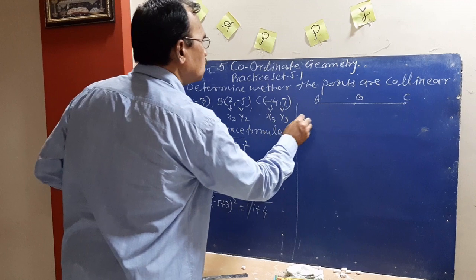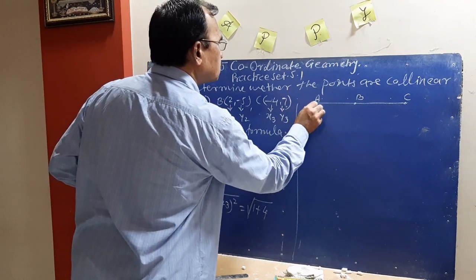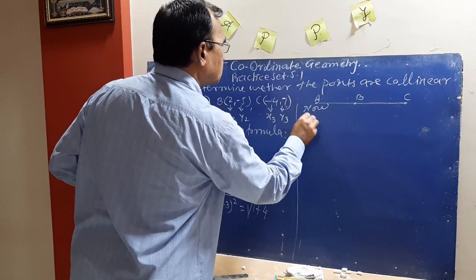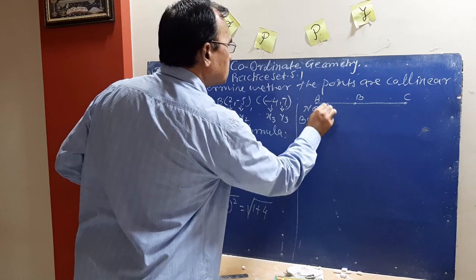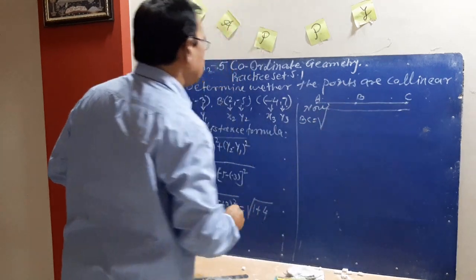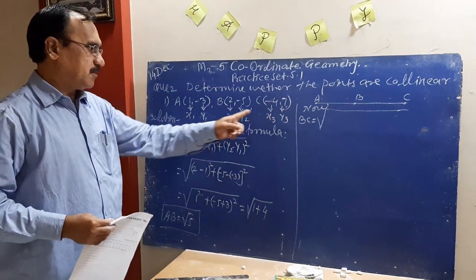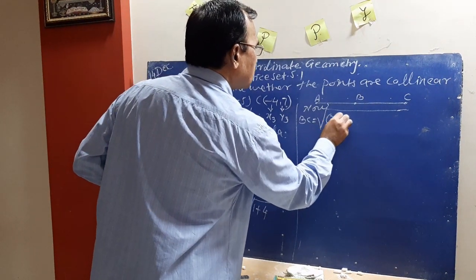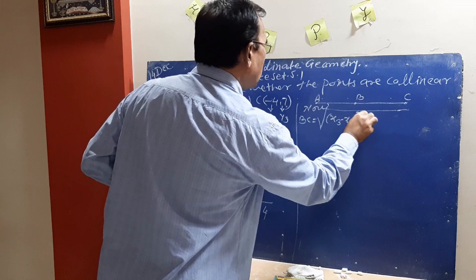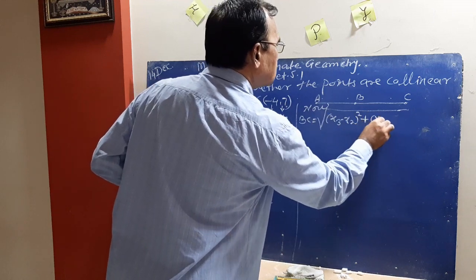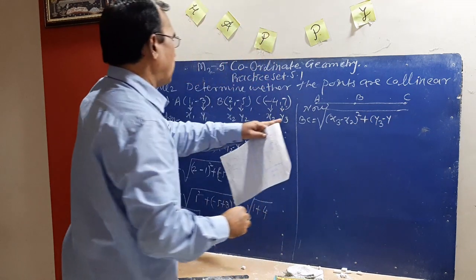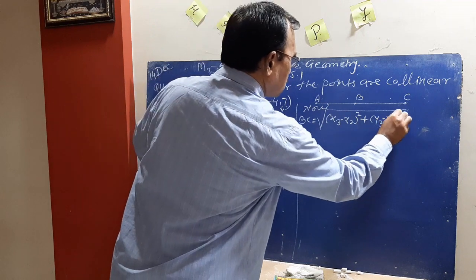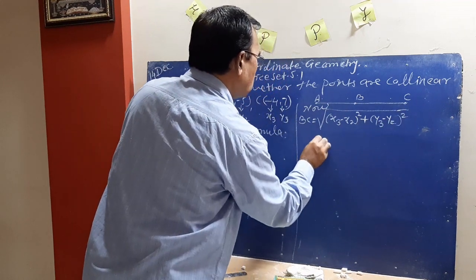Then BC is equal to under root x3 minus x2 bracket square plus y3 minus y2 bracket square.